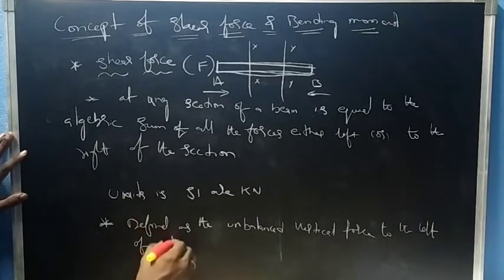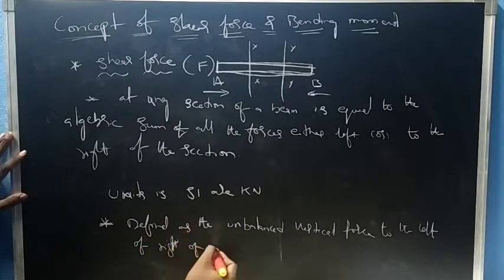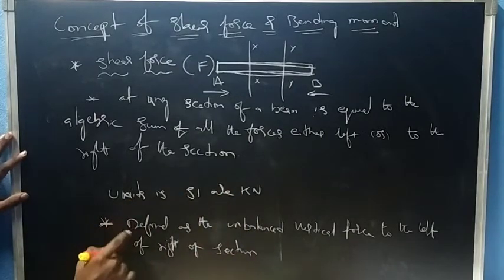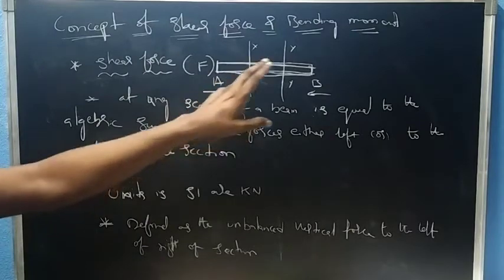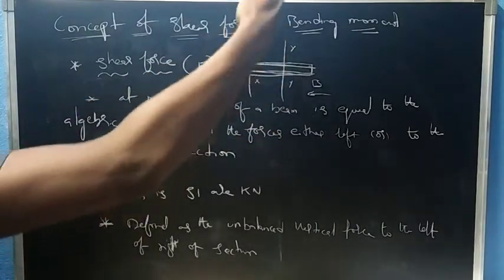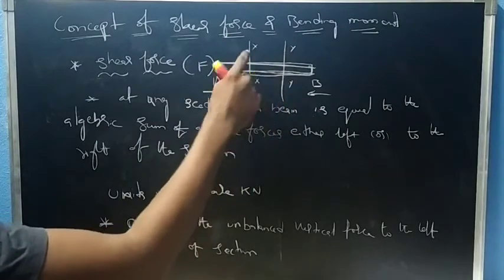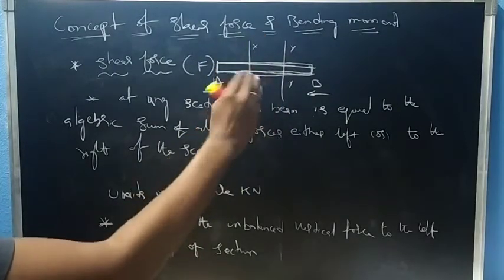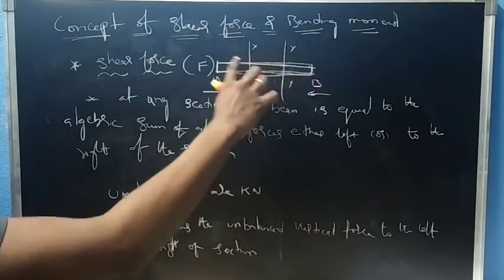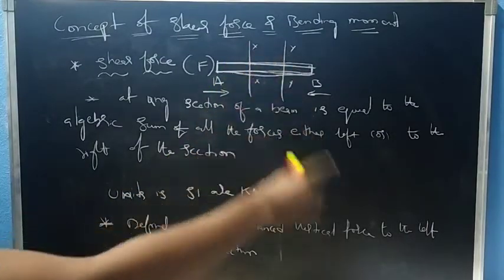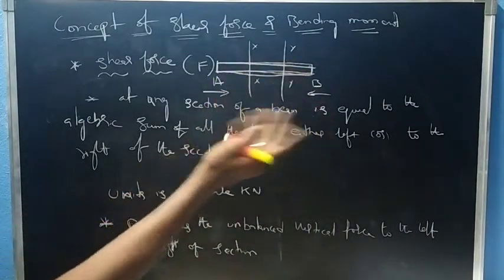Okay, very simple. So it's easy to define, right? So unbalanced vertical forces. These are vertical forces acting on the beam at any cross section. If you take this cross section XX, this is the total amount of forces acting from left or right.